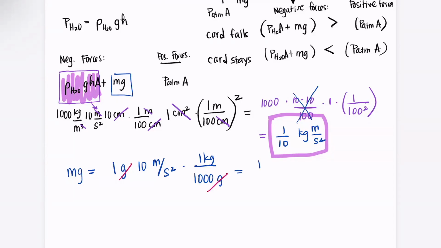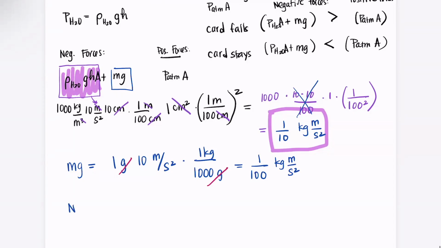And now we have 1 over 100, right? Kilograms meters per second squared. Okay, so our negative forces are 1 over 10 plus 1 over 100, or 0.11 kilogram meters per second squared. Does everybody agree?